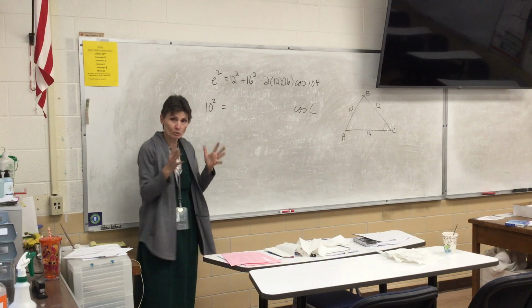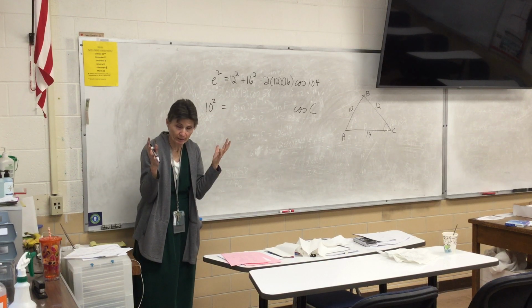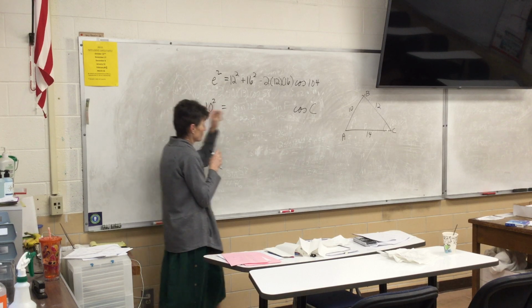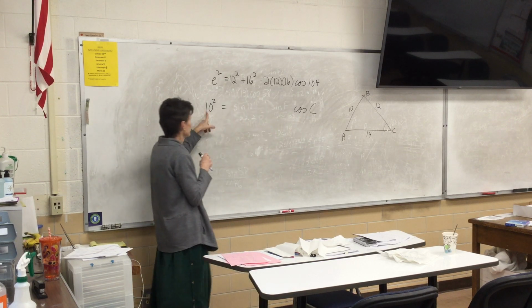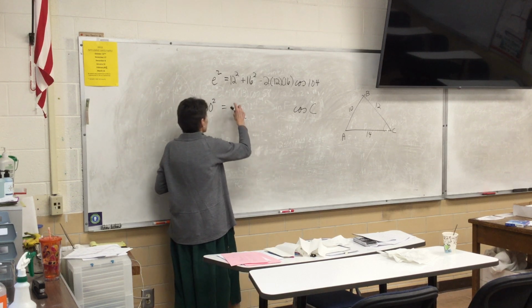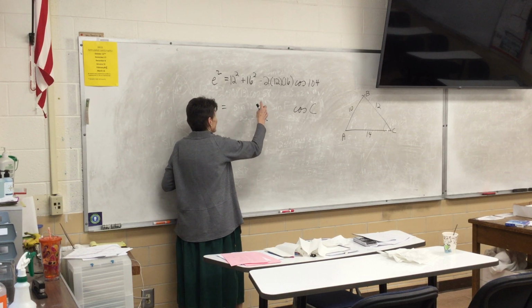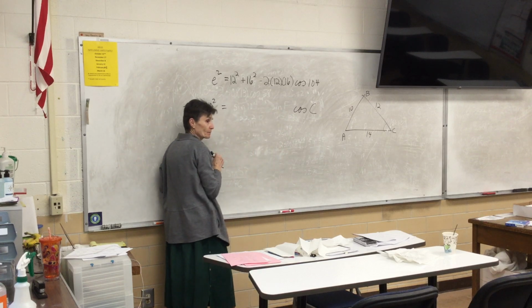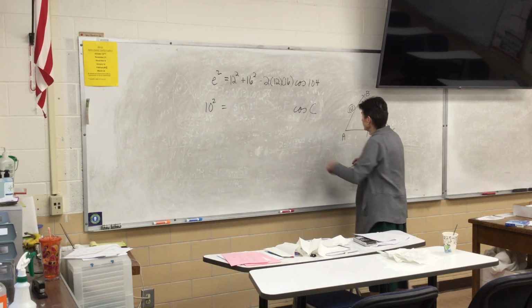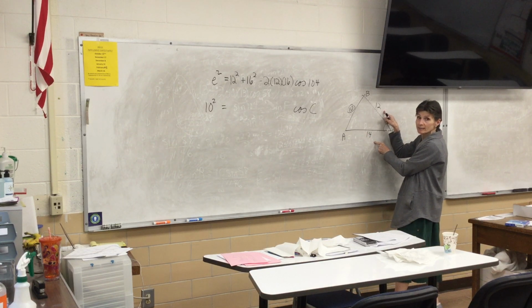All right, so I've chosen C randomly, just arbitrarily. So this is cosine C, this is 10 squared. Now in the middle, remember, goes side squared plus side squared minus 2 side. So here's the 10 that I'm already using over there. So here are my other 2 sides.